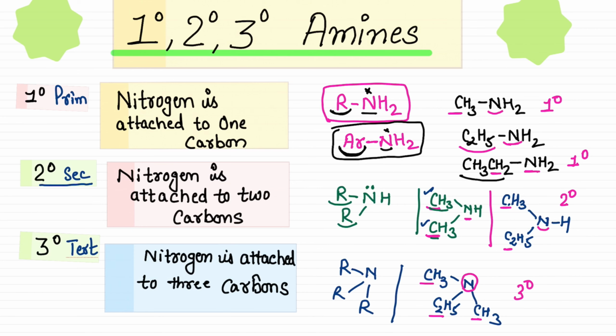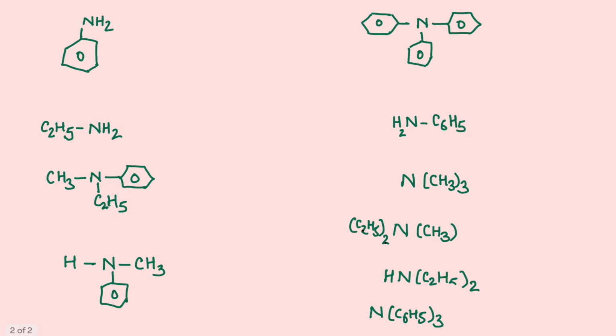So let's do more examples for clarification. Now here you can see this molecule. This is a very important molecule, its name is aniline. Aniline is a nitrogen-containing aromatic compound, and if we talk about its degree, we have to look at the nitrogen over here.